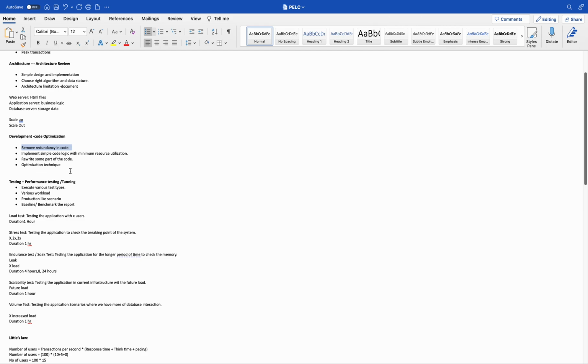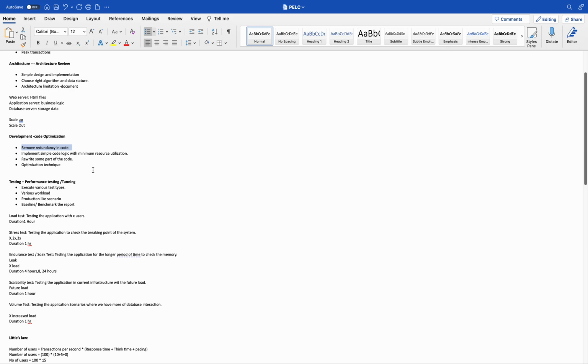Redundancy in code occurs when the same or similar logic is repeated in multiple places within the code base. We need to identify it, because mostly this part is also done by the performance test engineer. In a real scenario, we have seen that all the developers are working in a sprint cycle, so they need to finish their work and code in a weekly sprint cycle and don't have much time to look into the issue. So we need to identify this issue and provide them details.